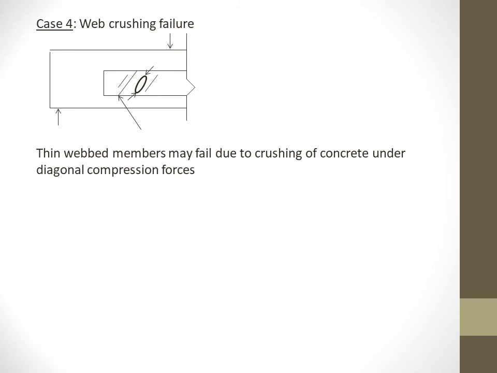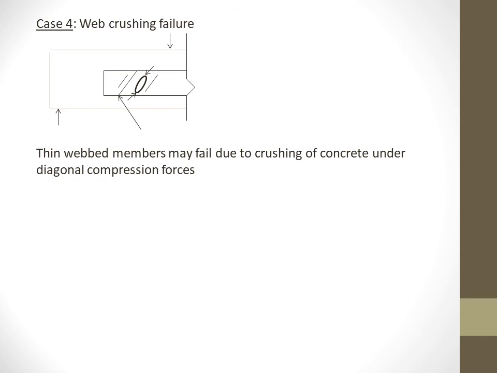This is the picture of the failure that takes place when a concentrated load is applied. Inclined cracks appear on the thin web beams and usually happen in I-beams. So those are the four cases of modes of failure that we have to look into.